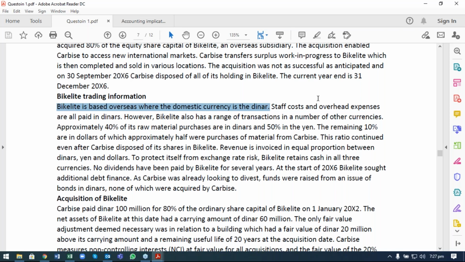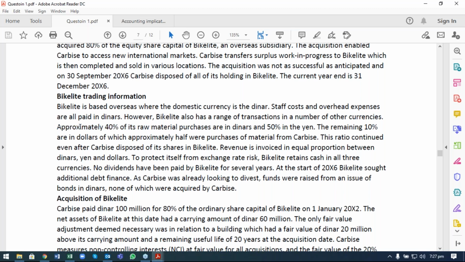The company has a range of transactions with a number of other countries, and it's selling its products to other countries where it can charge or sell its items. Selling prices would be charged to different customers in a different way.